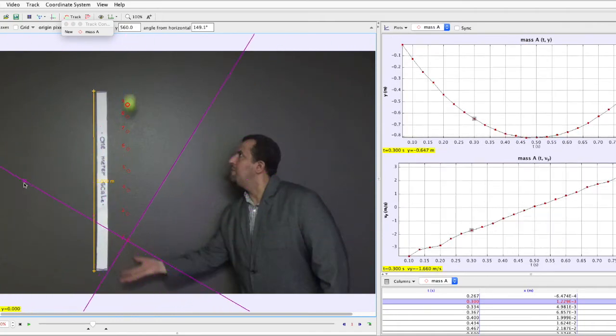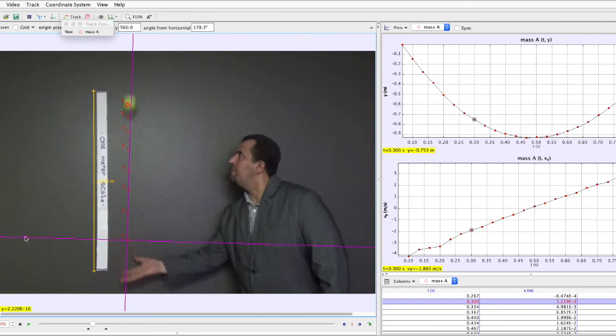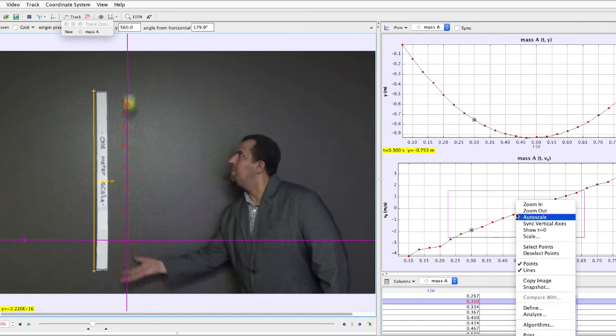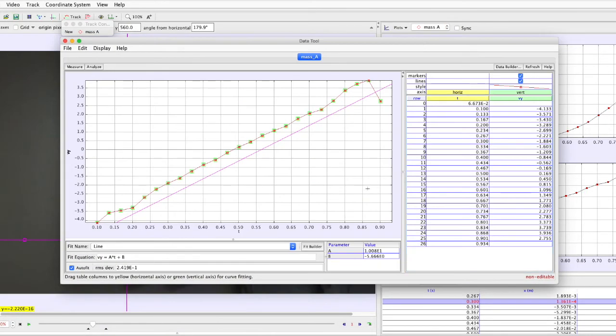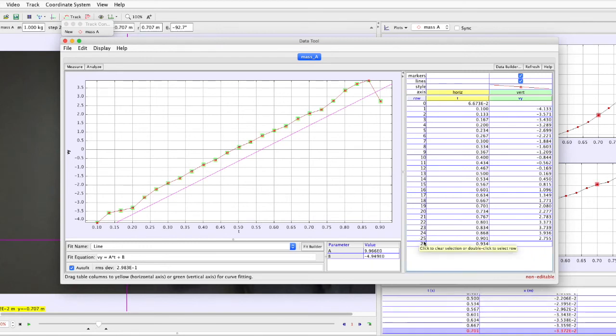Oh, that's great. That works very well. So I rotated the axis, and now I will come here and see what we have. Analyze. I think we have the gravitational acceleration now. Yes, I could manage to do that. Perfect.